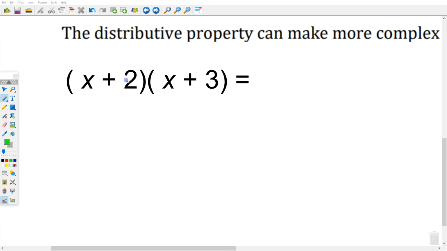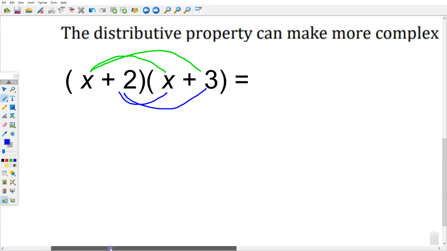So we're going to go x times x, and then we also have to do x times positive 3. And once we're finished that, we'll move on and do positive 2 times x, and then positive 2 times 3. So we're once again going to end up with 4 partial products.